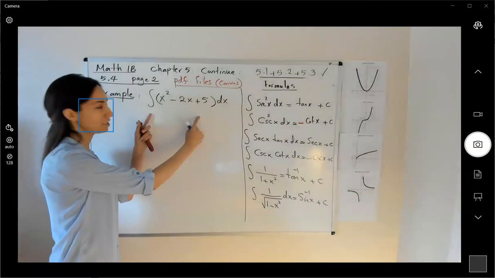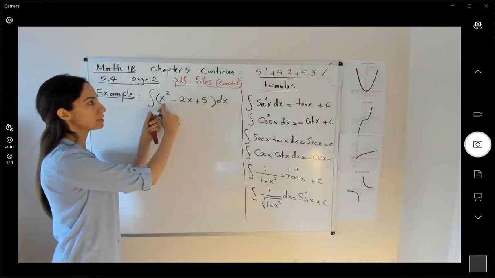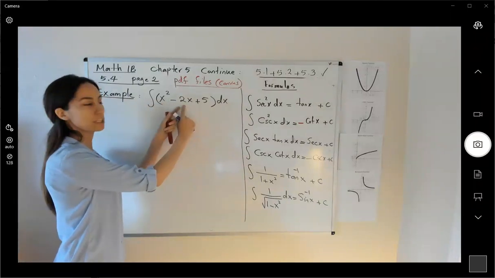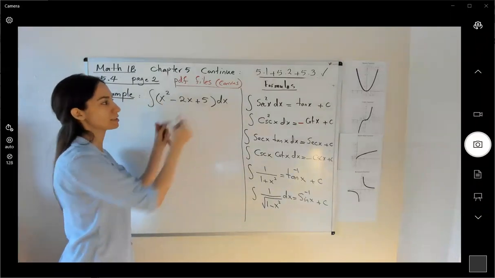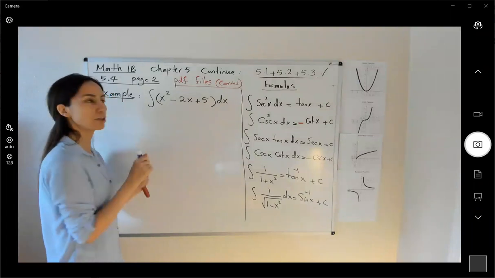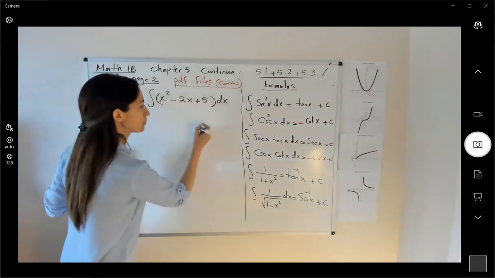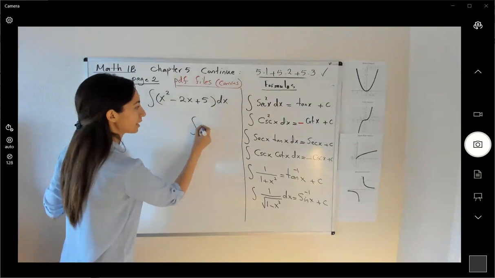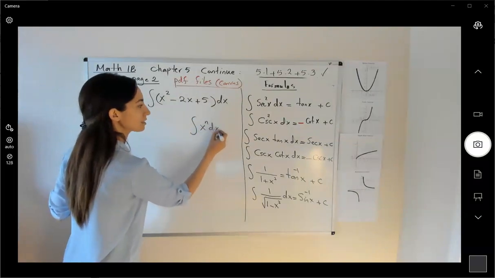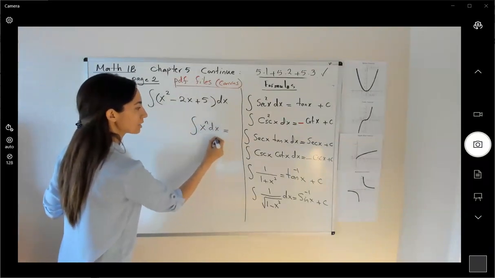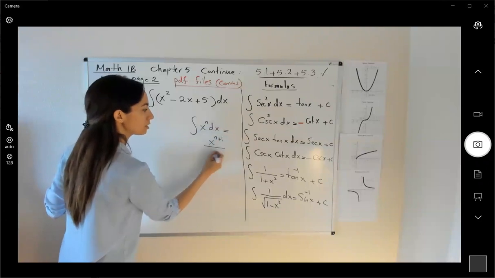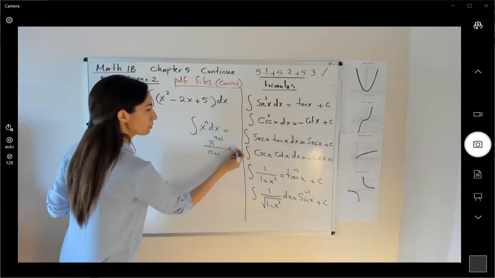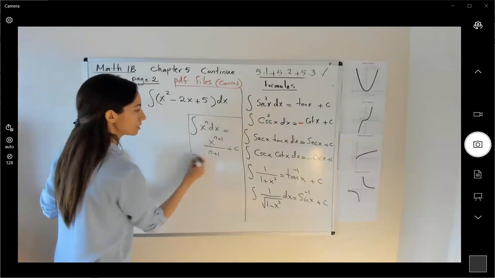To find this integral, you have x squared, then you have minus 2x, then you have a constant 5. We're going to use the integral of x to the n dx, which is equal to x to n plus 1 divided by n plus 1 plus constant of integration.